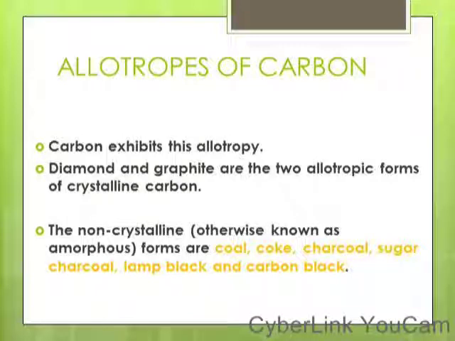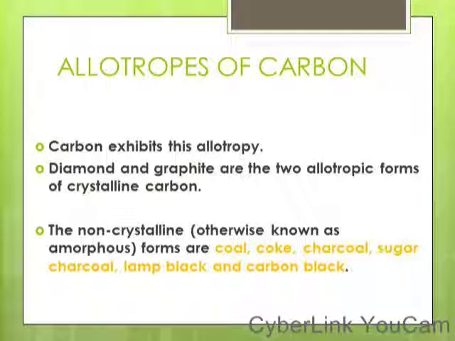Carbon exhibits allotropy, and the 2 major allotropes, diamond and graphite, are the 2 allotropic forms of crystalline carbon. So carbon can be divided into amorphous and crystalline. The crystalline carbon has 2 allotropes, which are graphite and diamond.